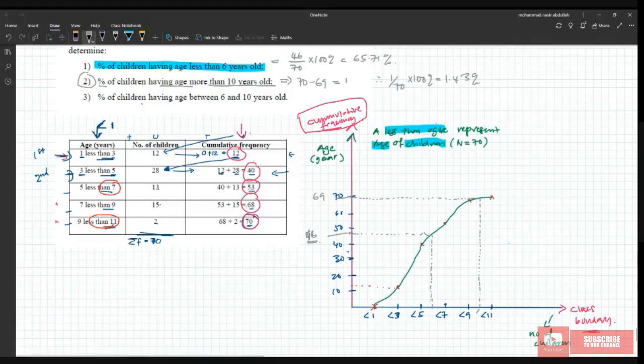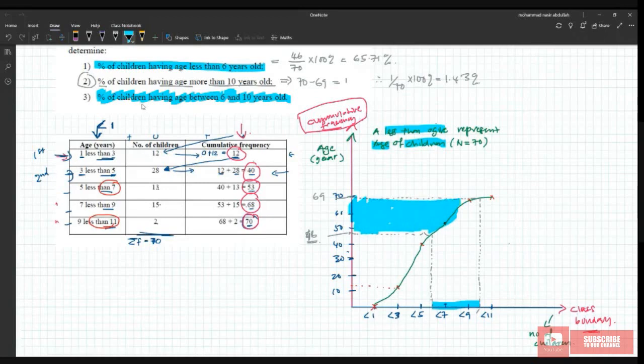Right. The last question is the percentage of children having age between 6 and 10 years old. So this is 6 and 10 years old. We want to know this area.